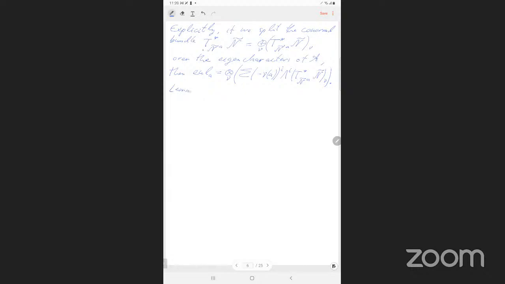And then the key statement about this is that this composition RA commutes with the convolution. So in other words, RA is a homomorphism of convolution algebras.